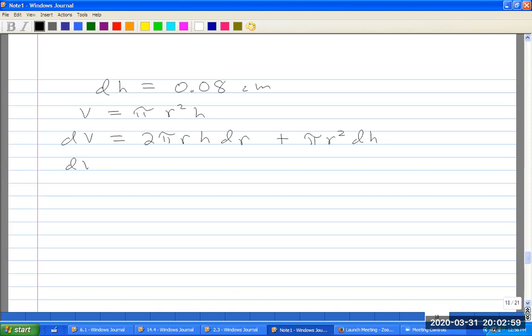And so dV is 2 pi r h, with h 12, dr 0.04, plus pi r squared, with r 4, dh 0.08.